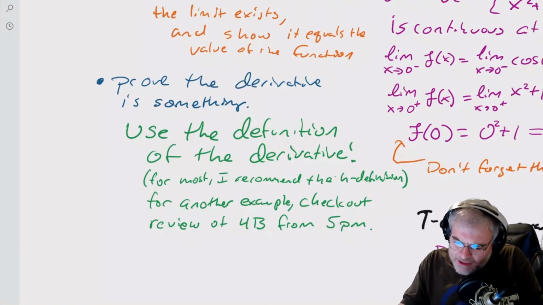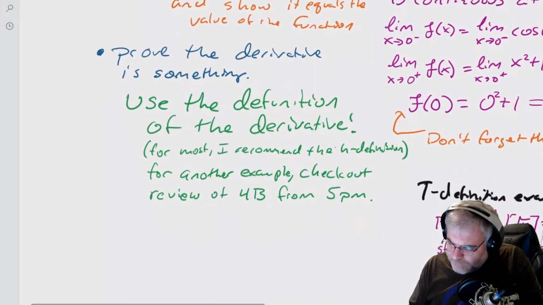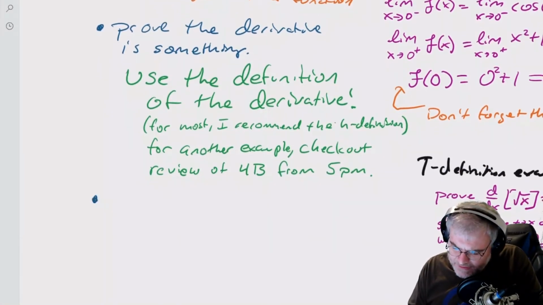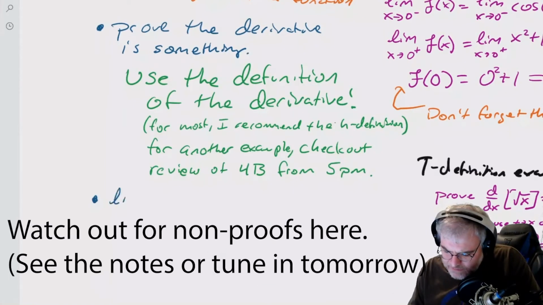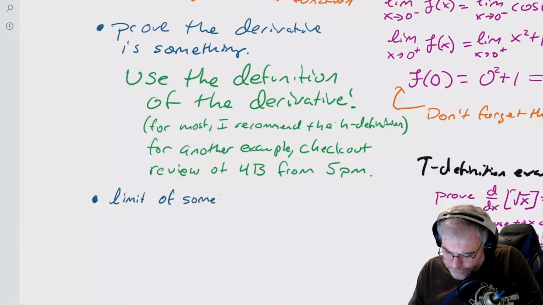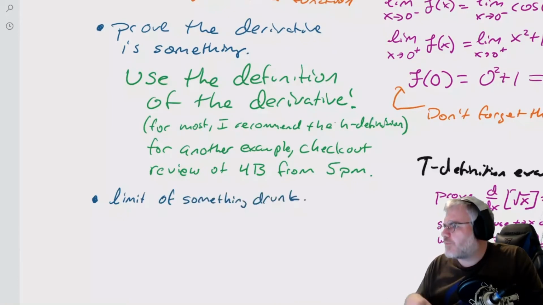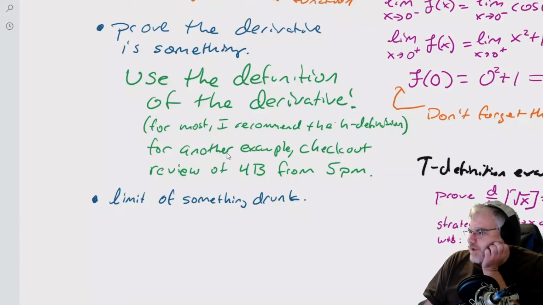All right. The next one that's common is two cops and a drunk. So you've got a limit of something drunk. On the bootleg, let's see, are there any on this one?